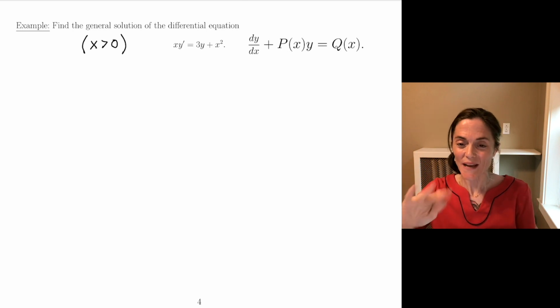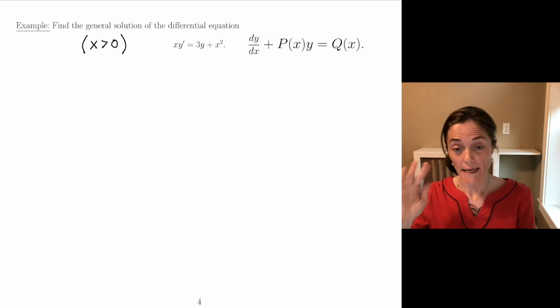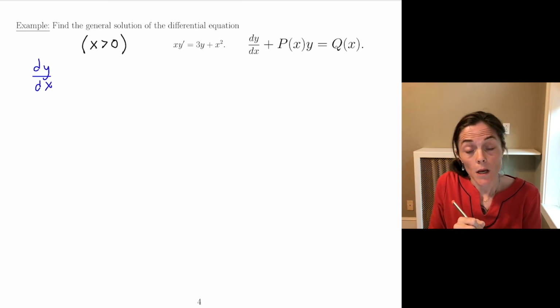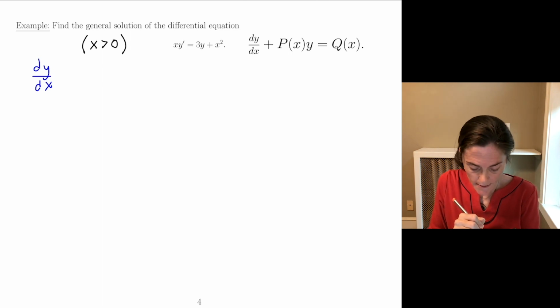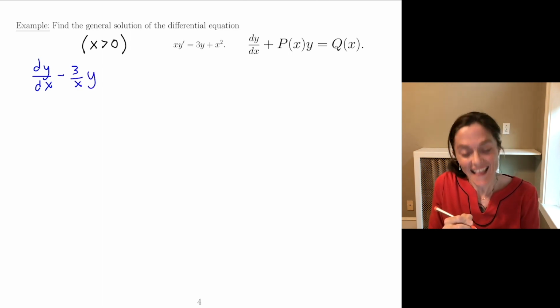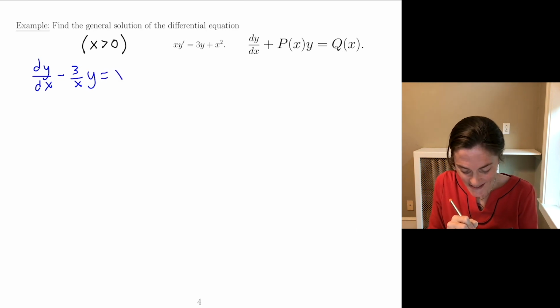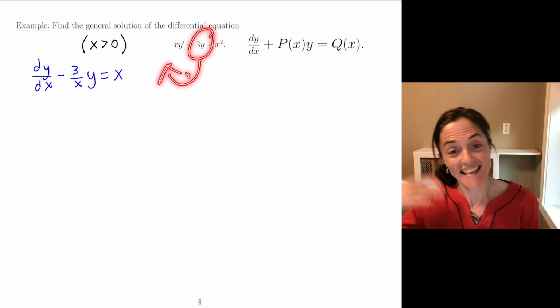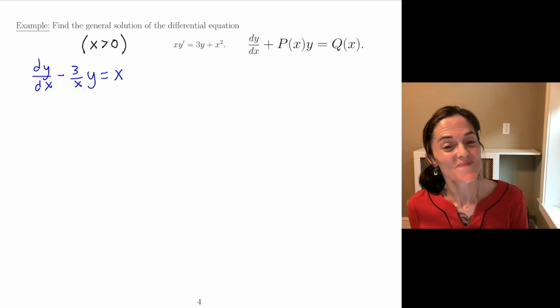Okay, so now let us write it of this form. We will have dy dx minus 3 over x, y, and then this will equal x. What I did is I just moved this term over here and then divided everything by x.